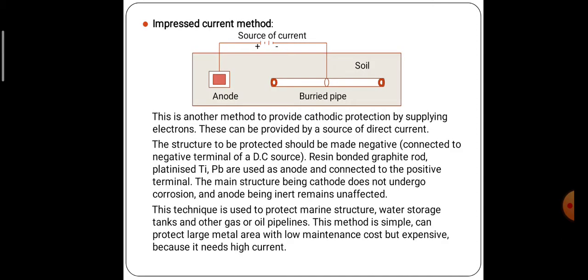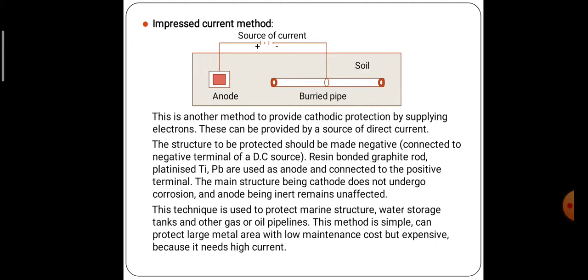The second cathodic protection method is the impressed current method. The impressed current method is applied to buried pipes. A buried pipe is nothing but a pipe present in the soil. Say we want to protect the iron metal or pipe present in the soil by using the impressed current method. In that method also we are using a particular anode material as an external source.